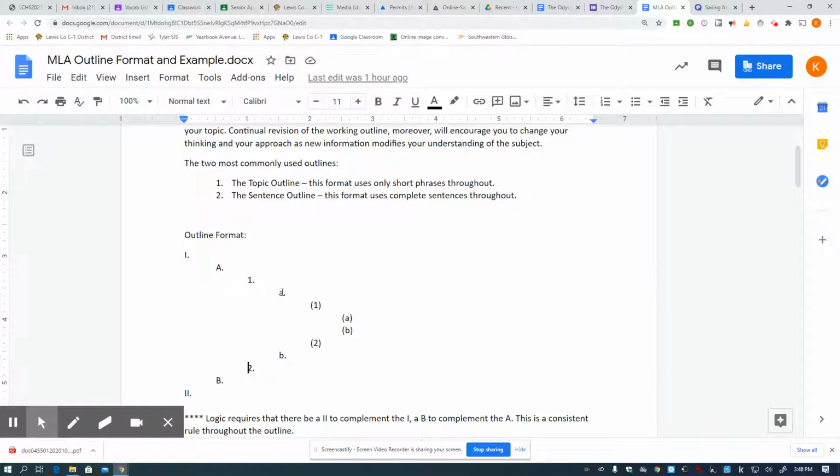Then we go to little lowercase letters, numbers in parentheses, and then even further, small letters in parentheses. I haven't seen a whole lot of outlines make it down to this stage right here, the 1 and the 2 in parentheses, and the little a and the little b in parentheses. But many of them will make it this far.